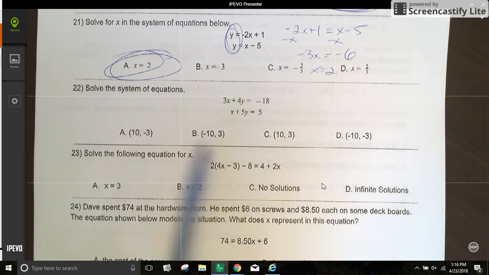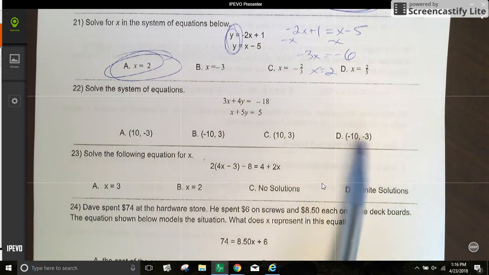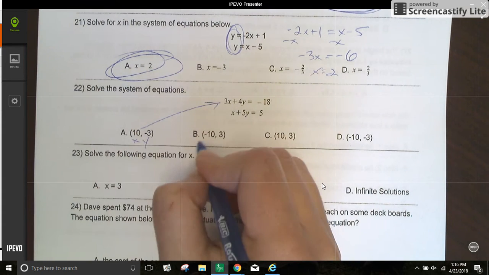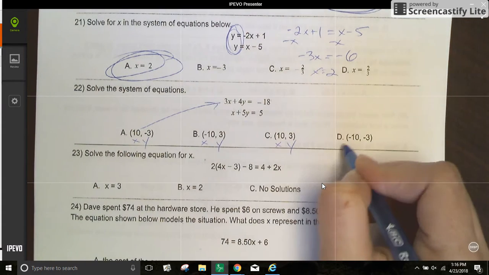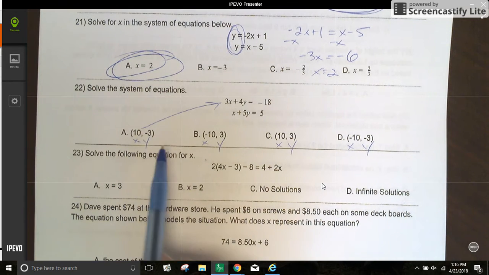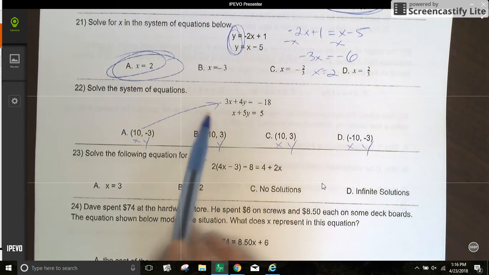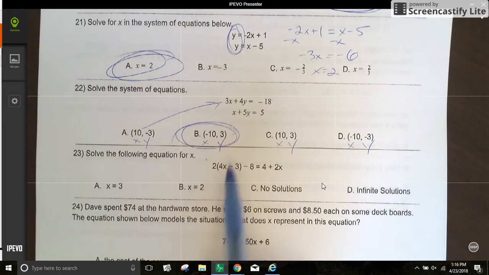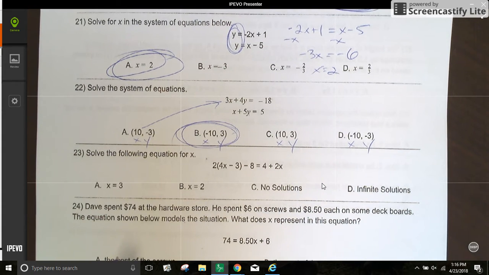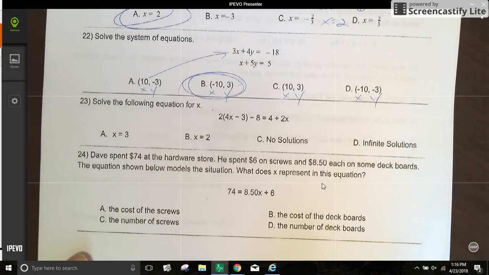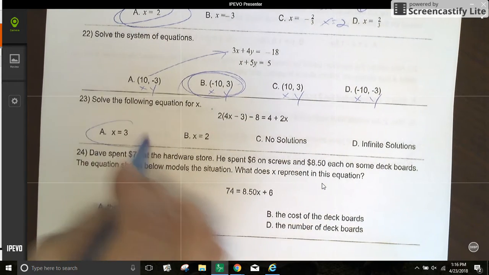For 22, they want to know which point is a solution. All you do is you plug in the points for x and y. So x is your first, y is your second, and figure out which one works for both equations. So I'd plug 10 in for x, negative 3 in for y, and you're trying to figure out which one works. So when you do that, you actually get this one to work, B. 23, set it up and solve. You should get A.